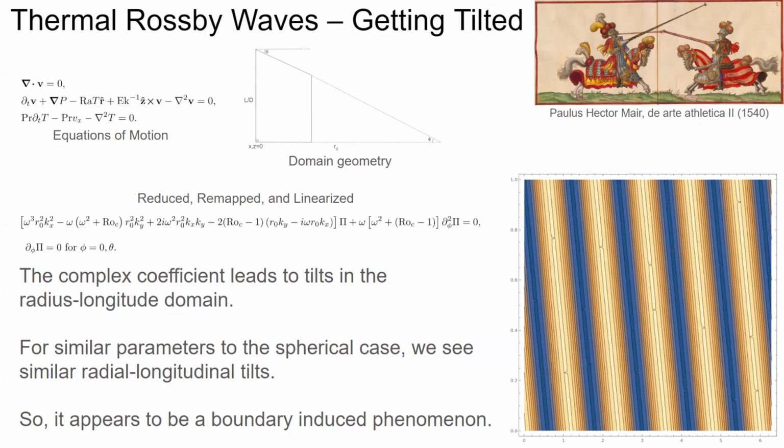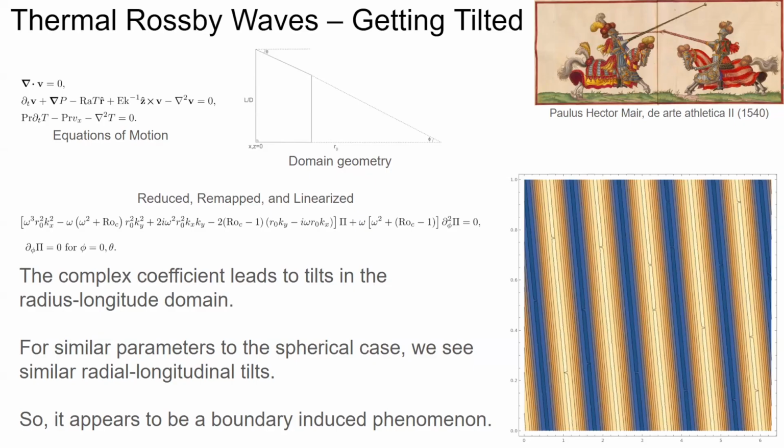Then we can derive a Schrodinger-like equation to get at the dispersion relationship for these modes. And what we have found is that indeed, a tilted upper boundary can lead to radial and longitudinal tilts.